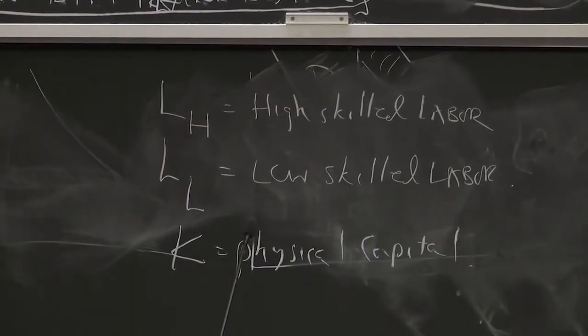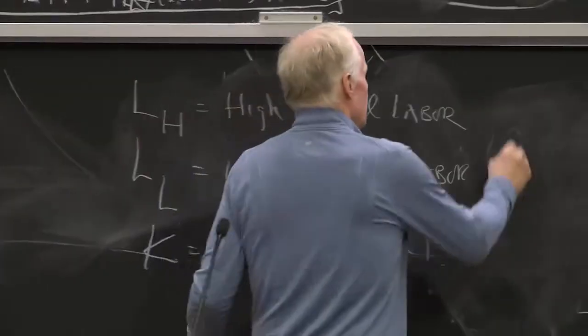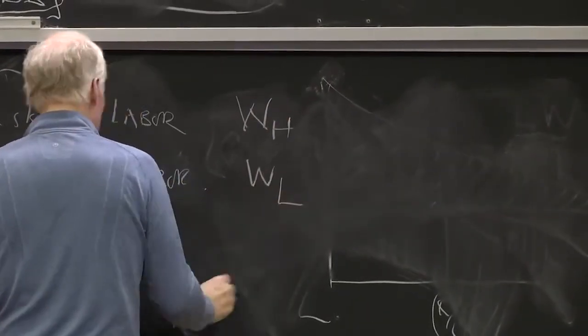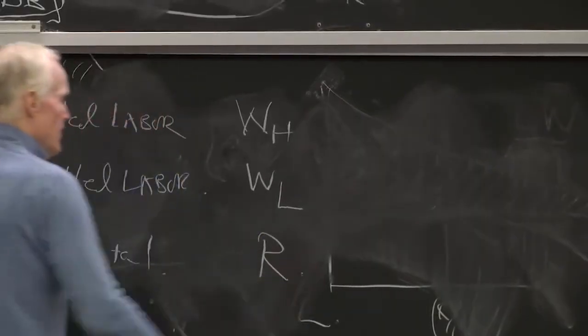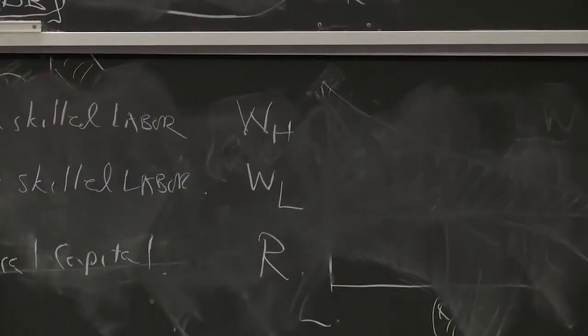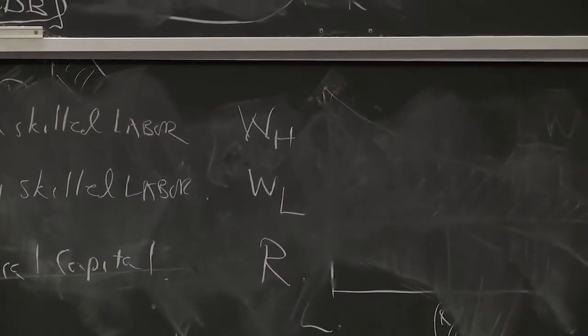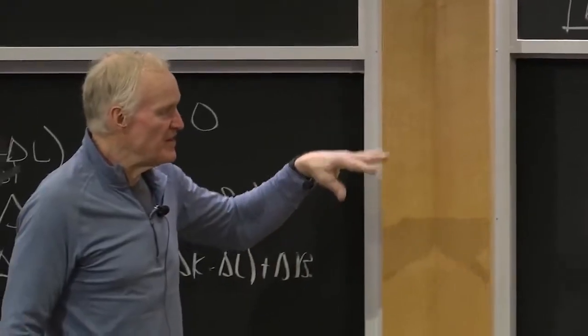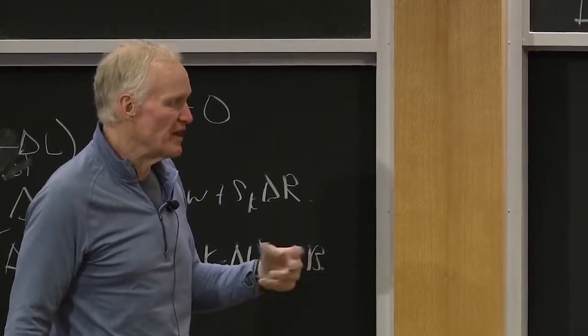Of course, now there are three prices: WH, WL, and R. So now there are three prices that we have to think about. We have to think about high skilled labor, low skilled labor, the quantities of each, and the return to high and low skilled labor, and the return to capital.